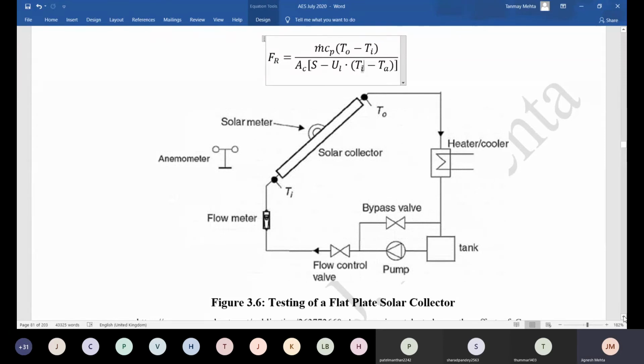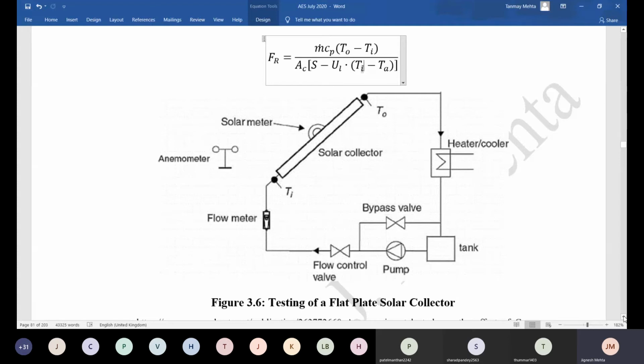Okay. So how is this testing done? What is the procedure for testing? You can see one solar collector shown, and over that solar collector what you see is shown as a solar meter. Actually, it looks something like a pyranometer.